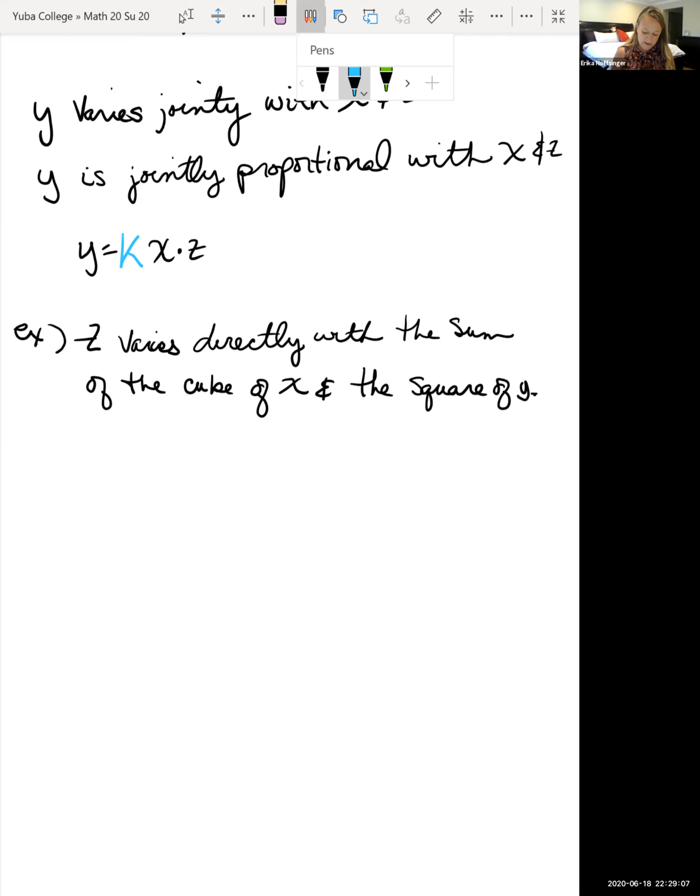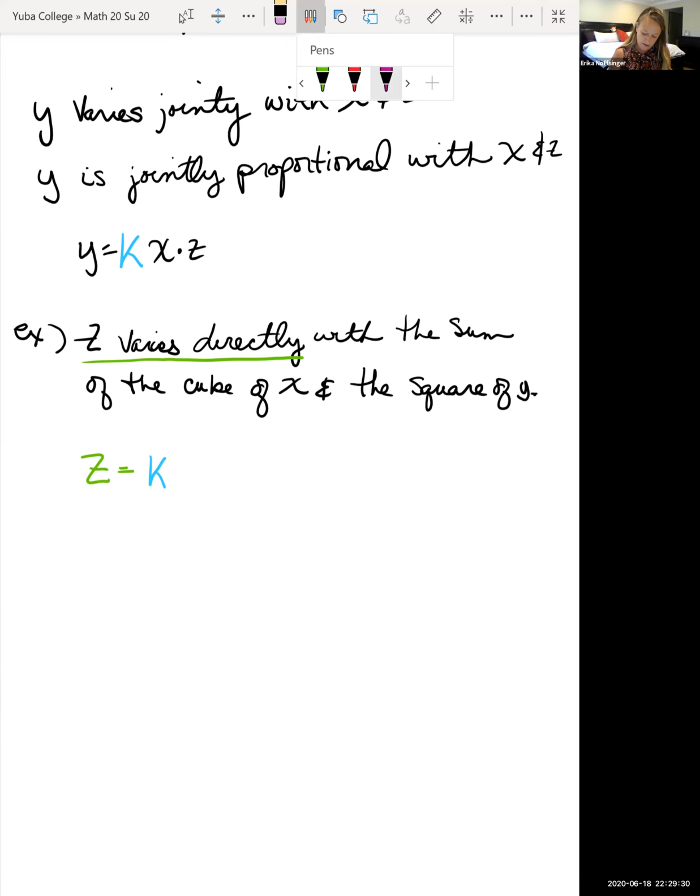Okay, so z varies directly. So right there, that tells me that z is equal to, again, I always have my constant k, times, what is it asking?